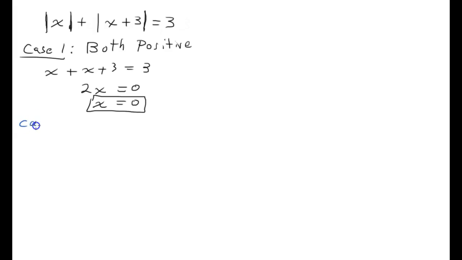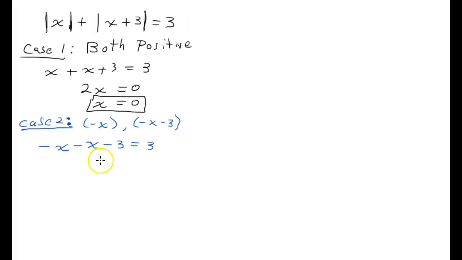Case 2. And in case 2, let's make both of these the opposite. So we have negative x and we have negative x minus 3, the opposite signs of what we see in there. So we'll have the equation negative x minus 3 equals 3.